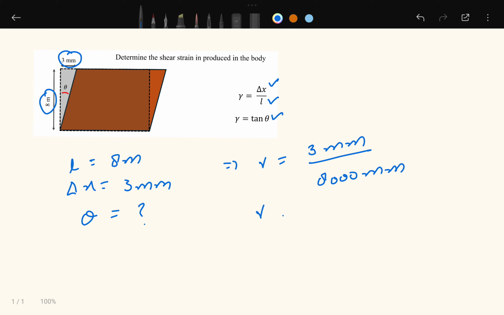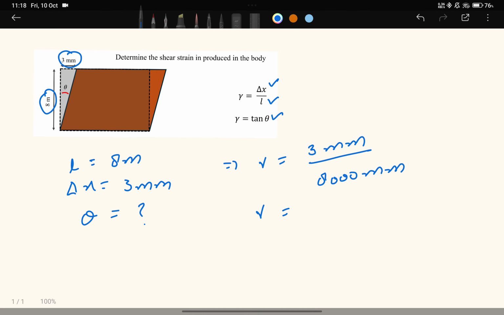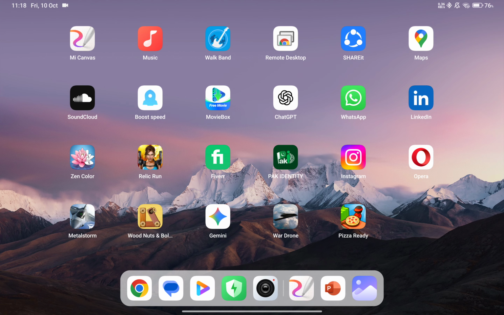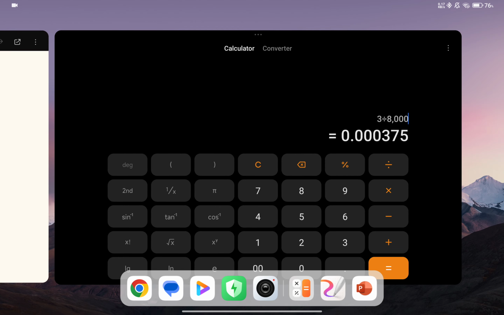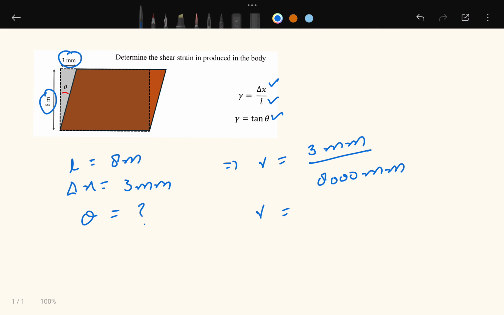Keeping things simple, 3 divided by 8,000 gives you 0.000375. Obviously it will have no units, because millimeter and millimeter cancel out.